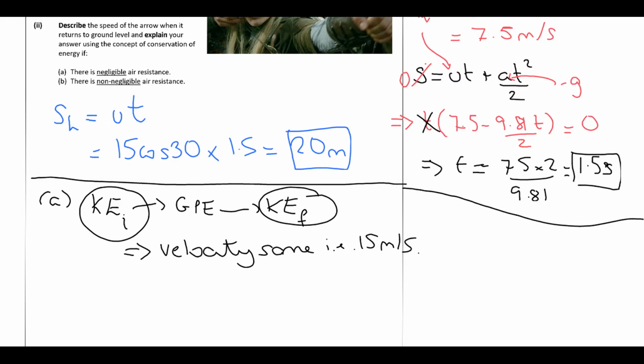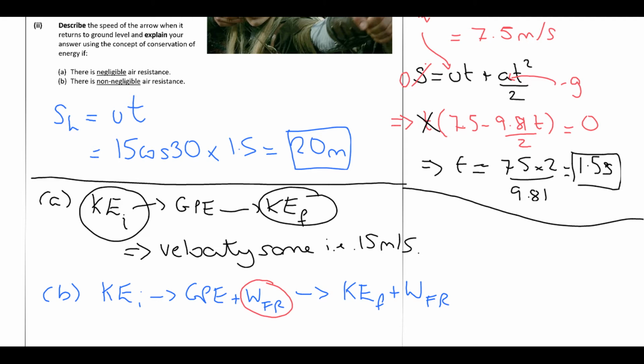Thinking about this expression in terms of air resistance, so how it would change, we still have the initial kinetic energy, so we would transfer it into GP plus some into work done against air resistance, which would then get transferred into final kinetic energy and some more work done against air resistance. So we can see that this term here is essentially causing energy to be transferred out of the arrow into heat energy in the surroundings.